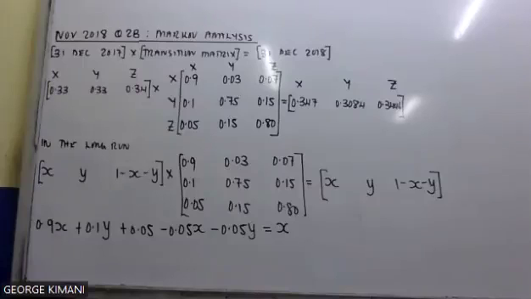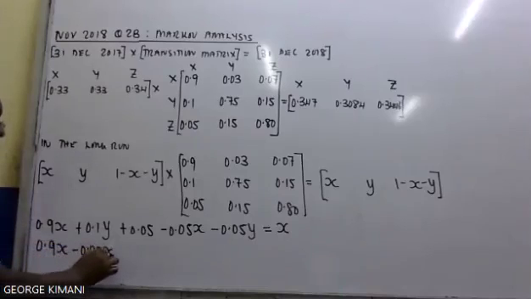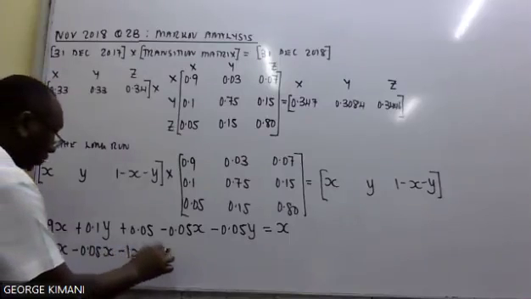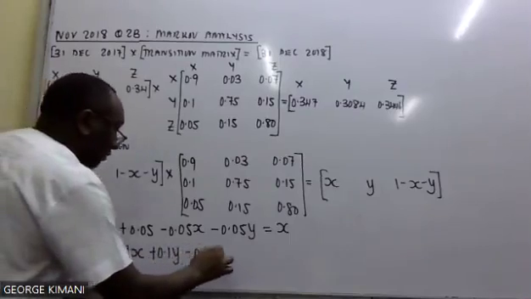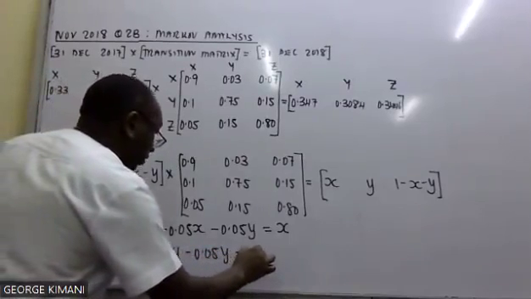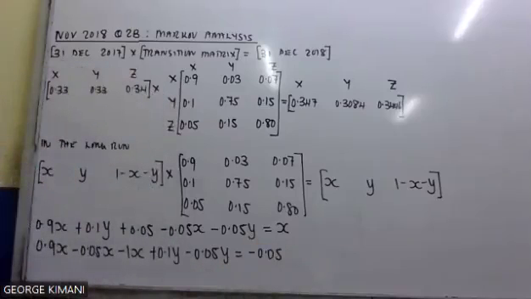So putting like terms together, we are going to have 0.9x minus 0.05x minus 1x plus 0.1y minus 0.05y is equal to minus 0.05. Sitoko sawa hapo?